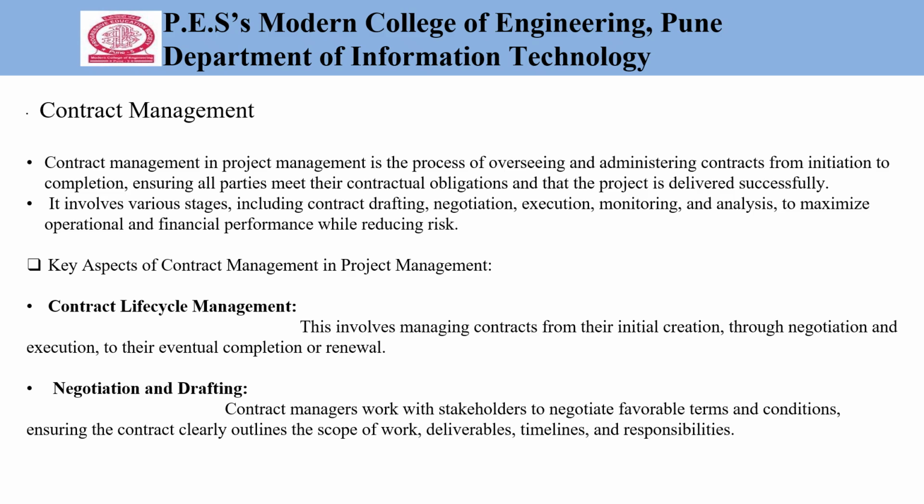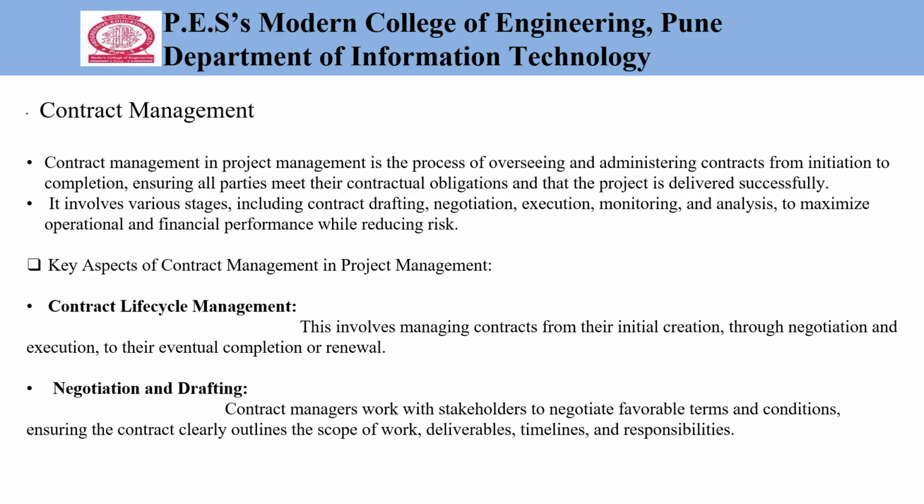That means it has some scheduled tasks or deadlines, from initiation to the completion task. Then ensuring all parties meet their contractual obligations and that the project is delivered successfully. So obviously you have to meet the project's contractual obligations and requirements according to the customer.